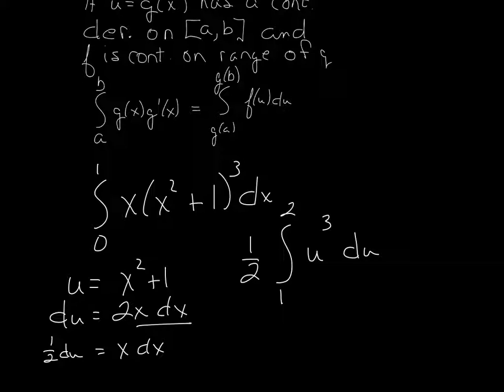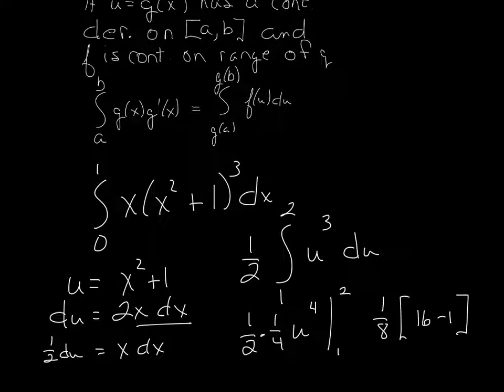So now when we integrate, we're going to have 1/2 times u to the 4th times 1/4. And instead of plugging back in x squared plus 1, I can just evaluate it at 2 and at 1. So we've got 1/8 times 2 to the 4th minus 1, or 15. Let's see, did I get that right?